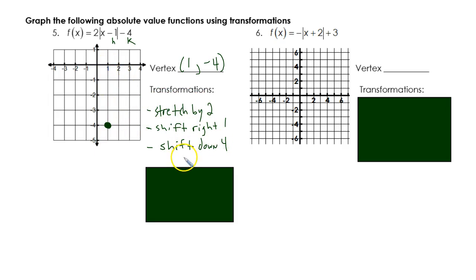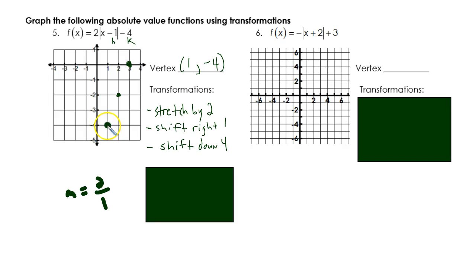Now, the stretch is going to tell us the slope of the 2 lines that we're going to use to form our absolute value function. The slope is 2, or 2 over 1. So you can think of the slope as 2 over 1. So we're going to go up 2 over 1, up 2 over 1.